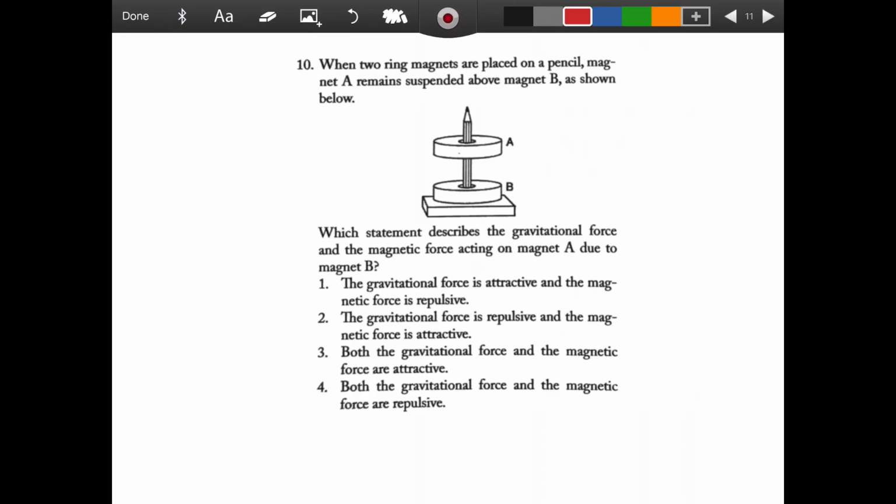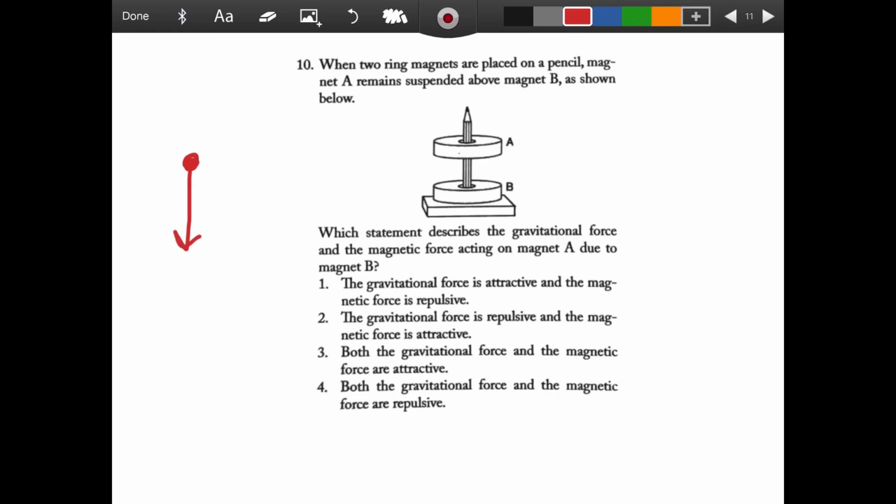And then number 10, we have 2 ring magnets, and we can see that magnet A remains suspended. So if we think back to our free body diagrams from way back in October, gravitational force is always attractive.